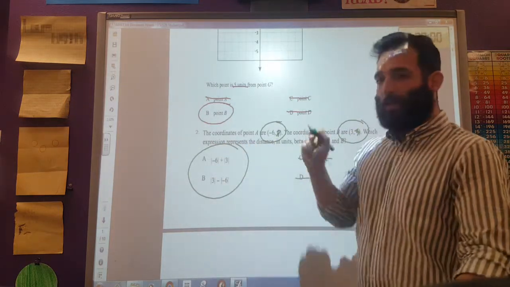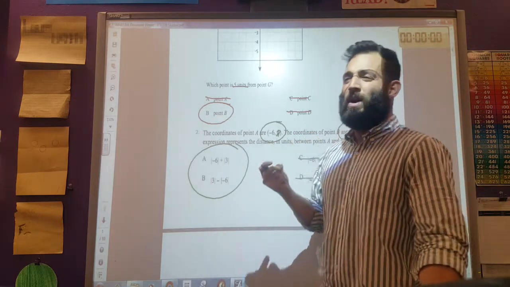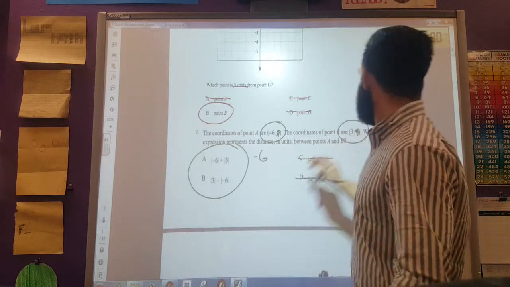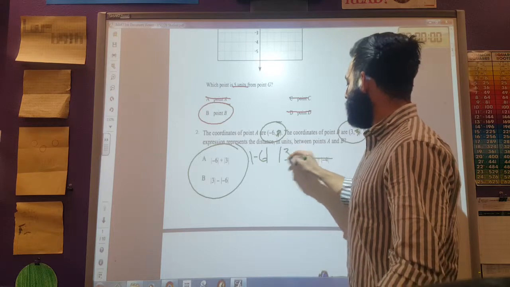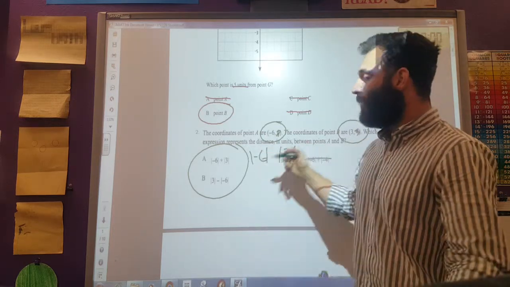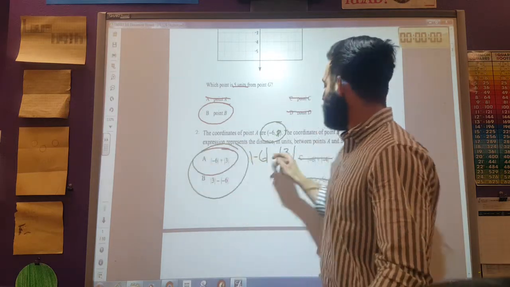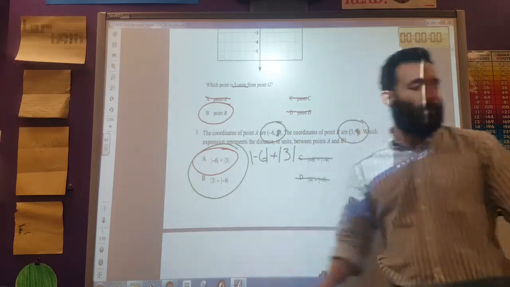Now, we talked about a couple things, what to do if the signs are the same and what to do if the signs are different. Well, here we have a -6 and we have a +3. Now, if the signs are the same, you subtract. But in this case, the signs are different, so we're going to add. So letter A is the correct choice here.